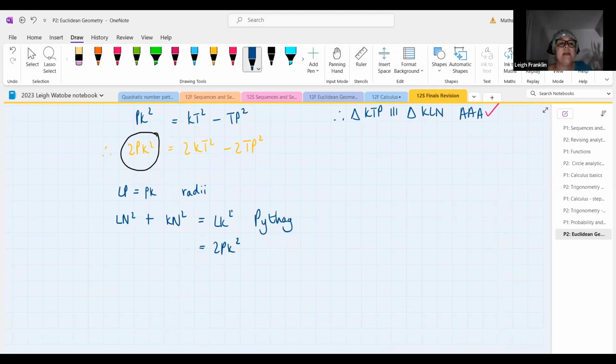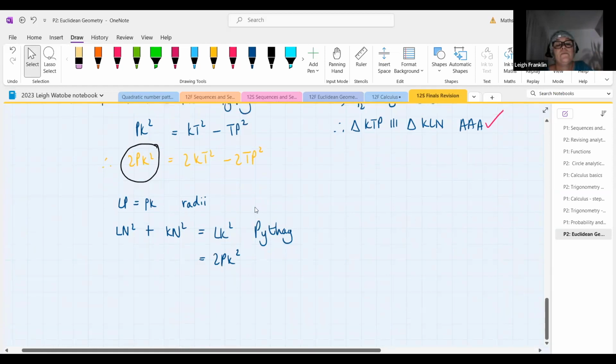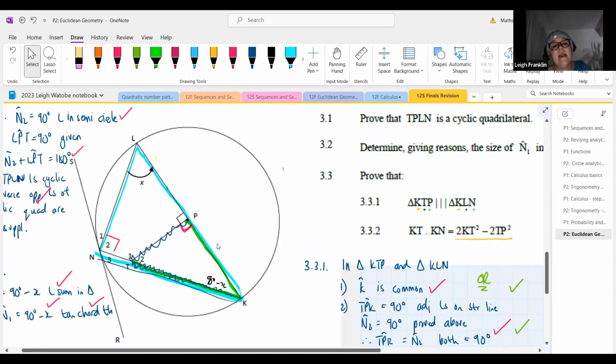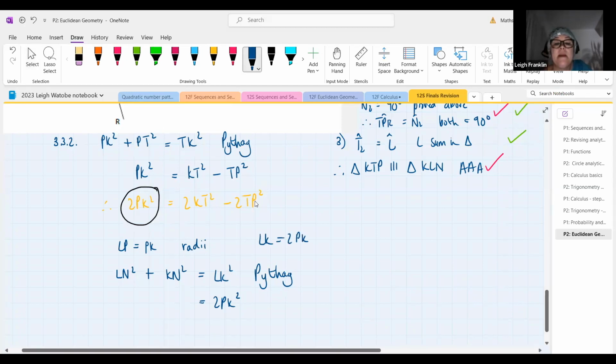Does that make sense to everybody? So I've rewritten LK as 2 of PK. LK equals 2 of PK. Does that make sense to everyone?